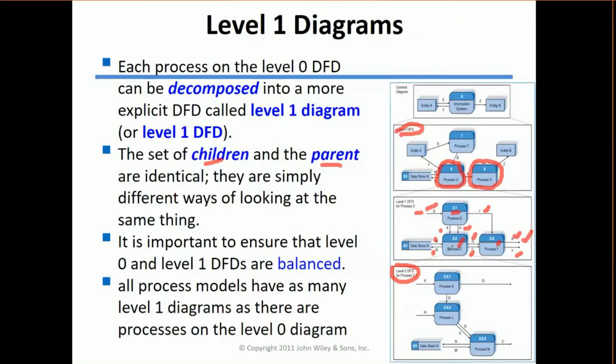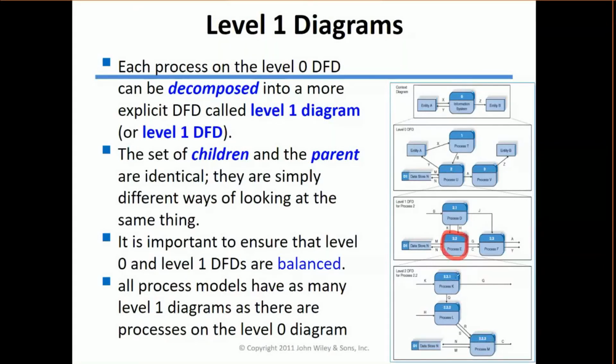Like for example, in this case the 2.2, okay, we selected the 2.2 for level 2 diagram, and this is why the numbering started from 2.2.1, 2.2.2 and 2.2.3. So the 2.2 is actually the parent level numbering, so you will keep that.